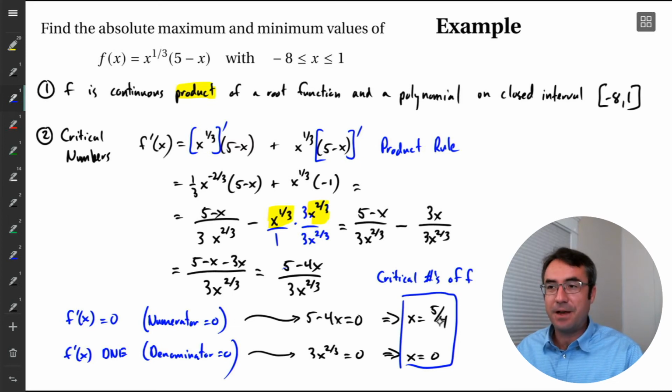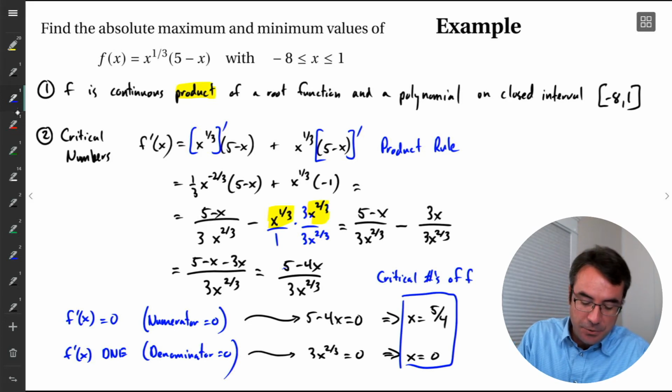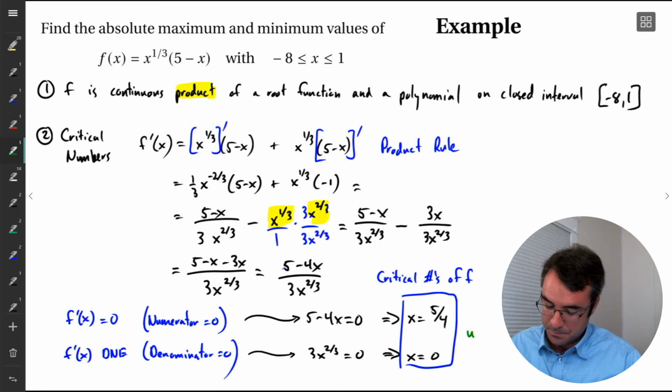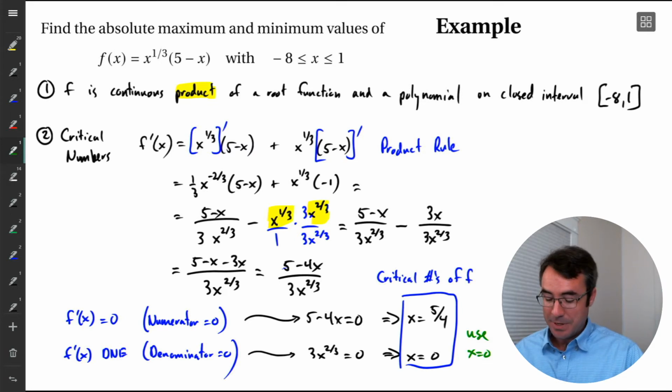And unfortunately, 5/4 doesn't fit that description. It's a little bit bigger than 1. So we're just going to use x equals 0 in our considerations. So yeah, 5/4 is a critical number for our function, but in the context of this problem where we have this closed interval, we're only going to use the number that's actually inside the interval, which is 0.